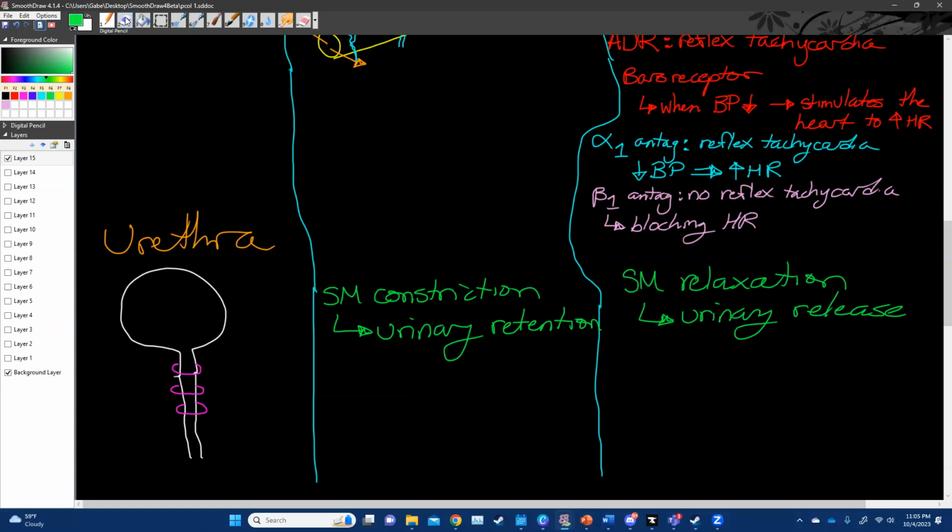I think that's probably the better way of saying it. So in activation, we get the smooth muscle constriction, decreasing urinary flow. Whereas in smooth muscle relaxation, we get an increase in urinary flow.